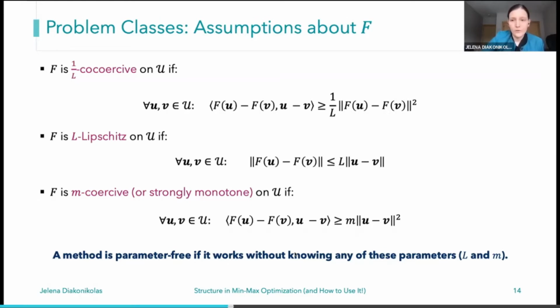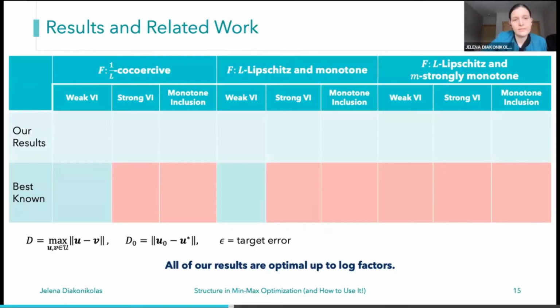So I'll throw the results at you. This is a huge and intimidating table until I tell you just how to read it. There are 3 large columns for 3 problem classes. The first is for cocoercive setups, the second for Lipschitz and monotone, and the third for Lipschitz and strongly monotone.